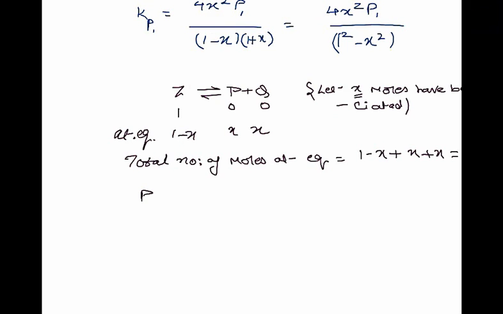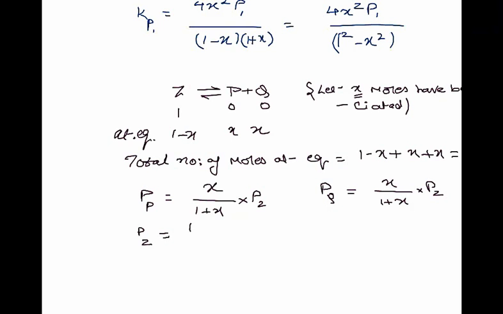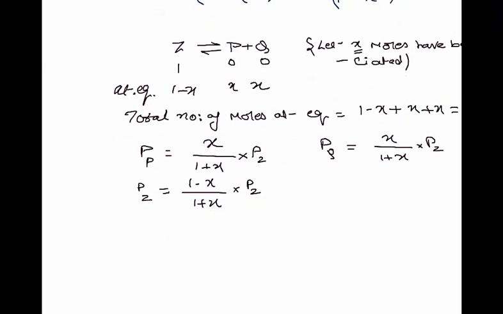Right? Now, the partial pressure of P is equal to X by 1 plus X into P2. Likewise, the partial pressure of Q would be equal to X by 1 plus X into P2. And the partial pressure of Z will be equal to 1 minus X by 1 plus X into P2. Okay? Now let's write down the equation for Kp2.